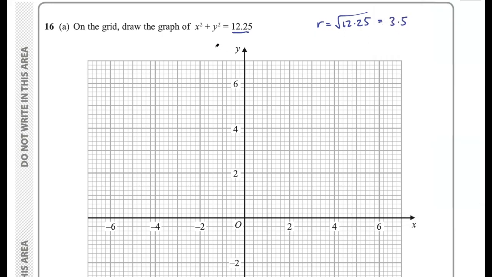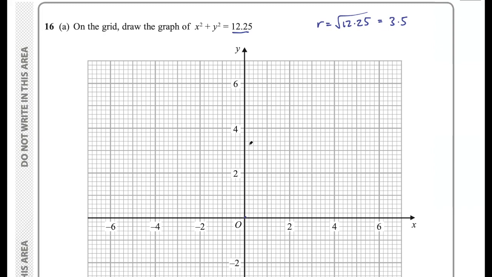If we just have x squared and y squared, that means the center of the circle is at 0, 0, the origin, as we call it. So the center is at 0, 0, and the radius is 3.5, then you can draw your circle in.